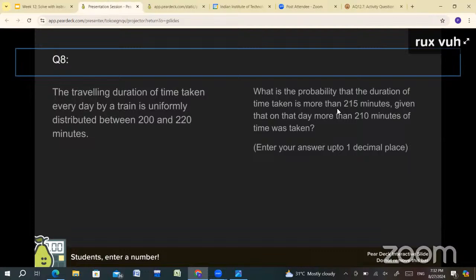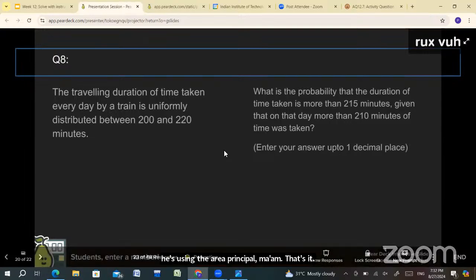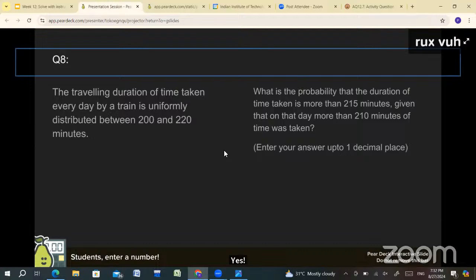That is correct. Ma'am, basically he is using the area principle, ma'am. Yes. Okay, so just formulate whatever you are saying and find out the value. It's half, ma'am, because from 210 to 220, and we have to calculate the probability above 215.